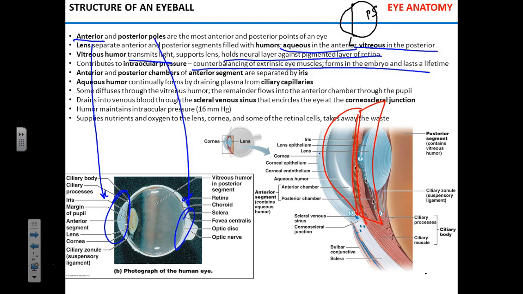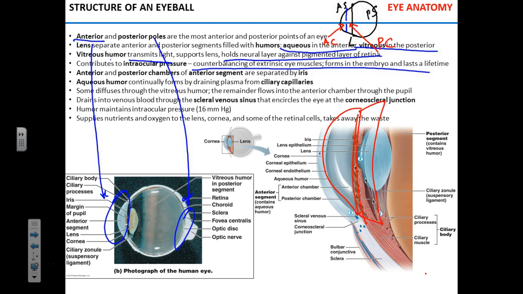That's the posterior segment. That's the anterior segment. Does that make sense? This is the iris, the blue line. The iris divides the anterior segment into the anterior chamber and posterior chamber. Does that make sense?